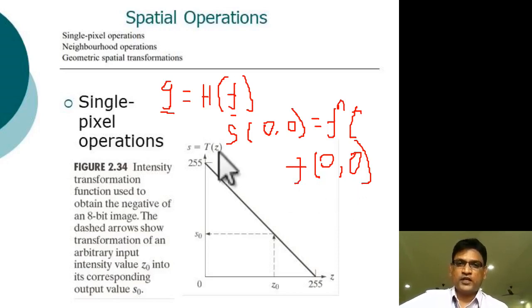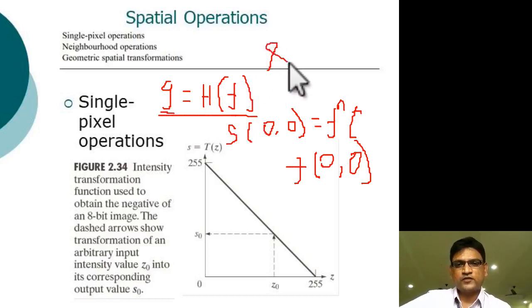That means one pixel in the output is a function of only a single pixel in the input image. So we can call this single pixel operations.